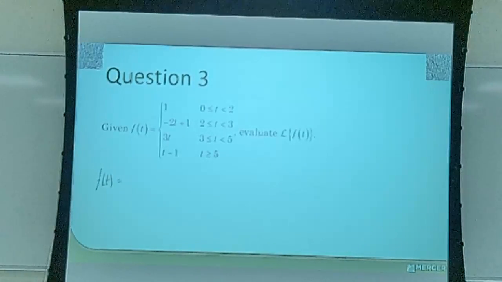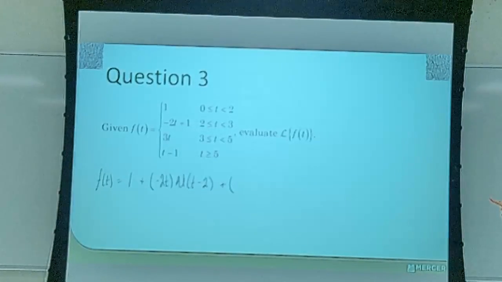First, write f of t in terms of the unit step function. F naught plus negative 2t plus 1 minus 1, times the unit step function at t minus 2. Plus, now, it'll be f2 minus f1.